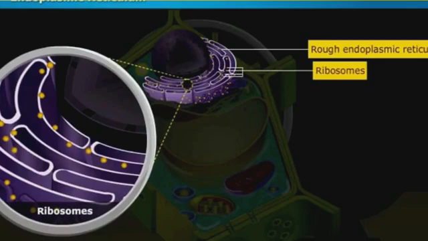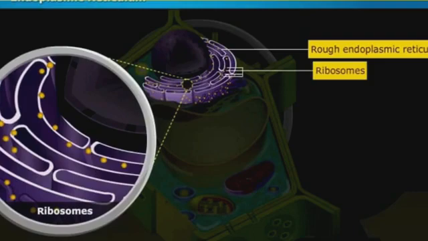Rough endoplasmic reticulum and smooth endoplasmic reticulum help in the manufacture of the cell membrane by producing proteins and lipids.